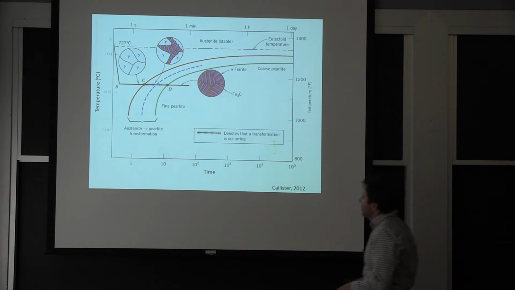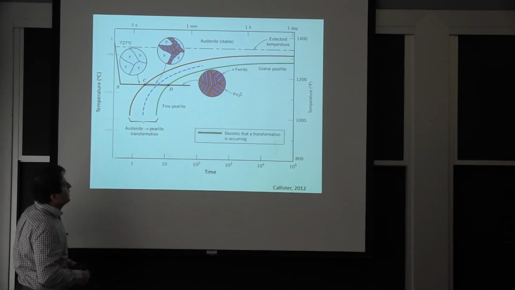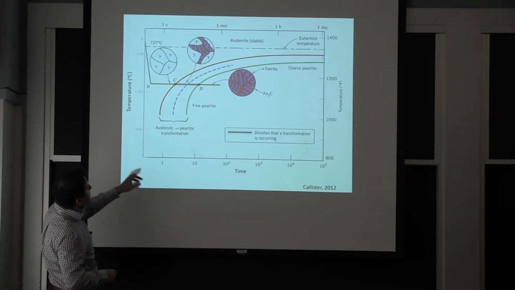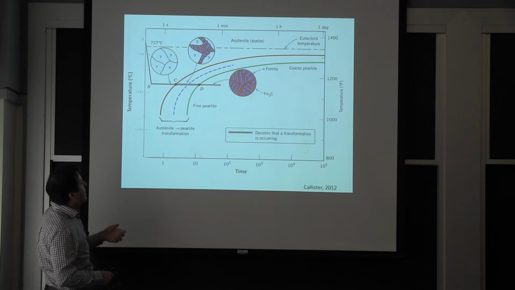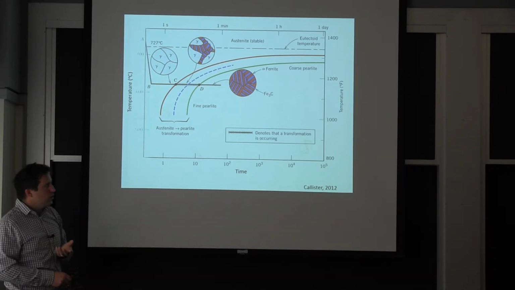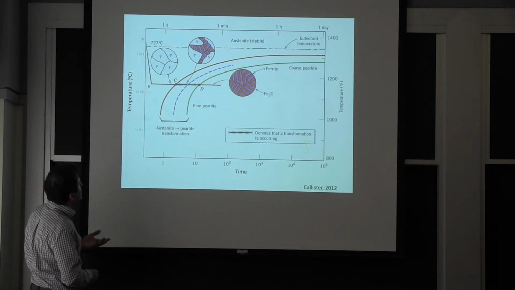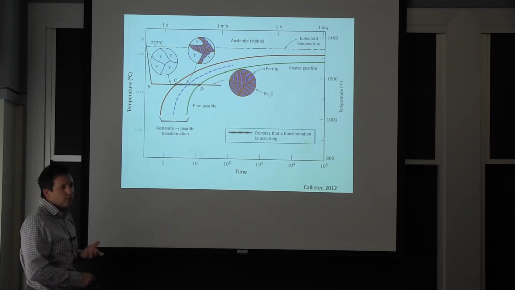So this is now very different. Everything that used to look like different compositions is now the effect of time. So we have an alloy of a very specific composition, and what we're doing during cooling is we're studying what happens at what temperature, what time and temperature it's going to transform.